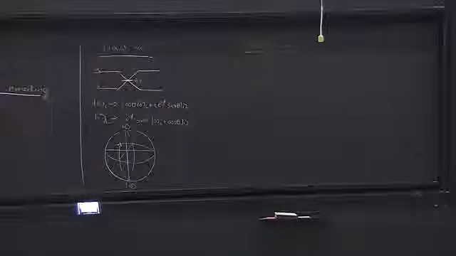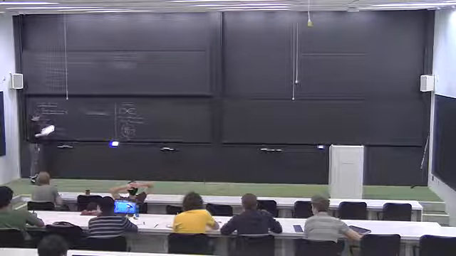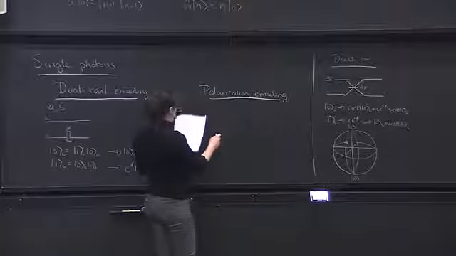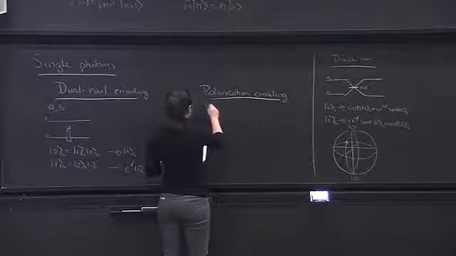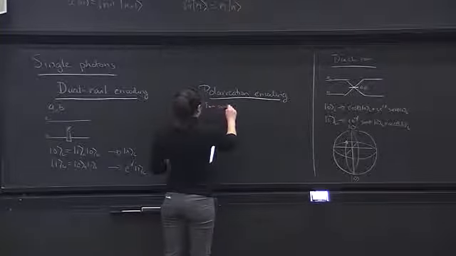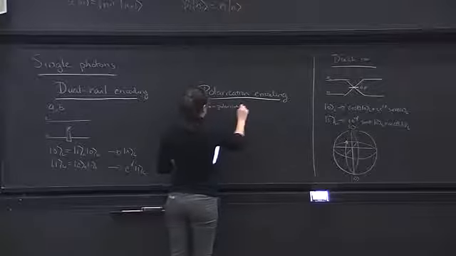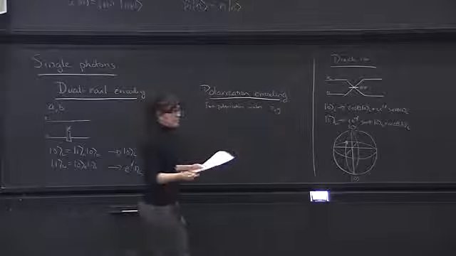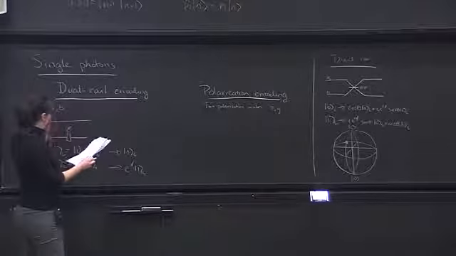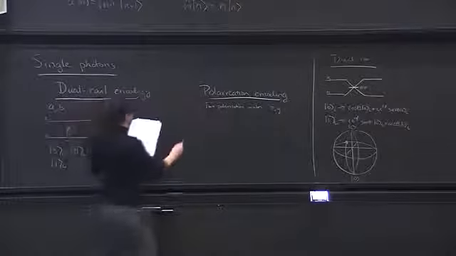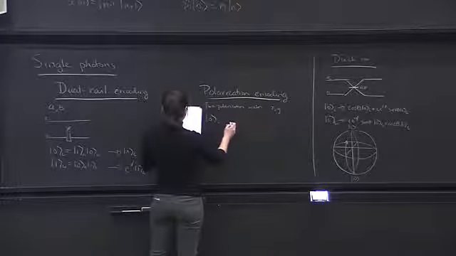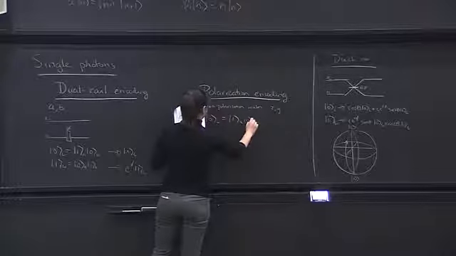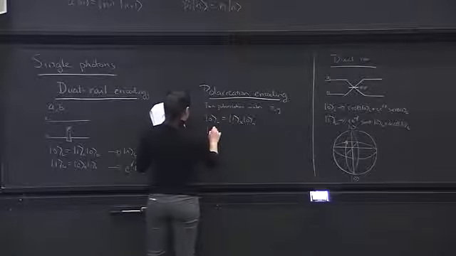Okay, so then what happens with polarization? Well, in polarization, we have one spatial mode, but we have two polarization modes. And I'll just call them X and Y to be general. And so then our qubits look like this.